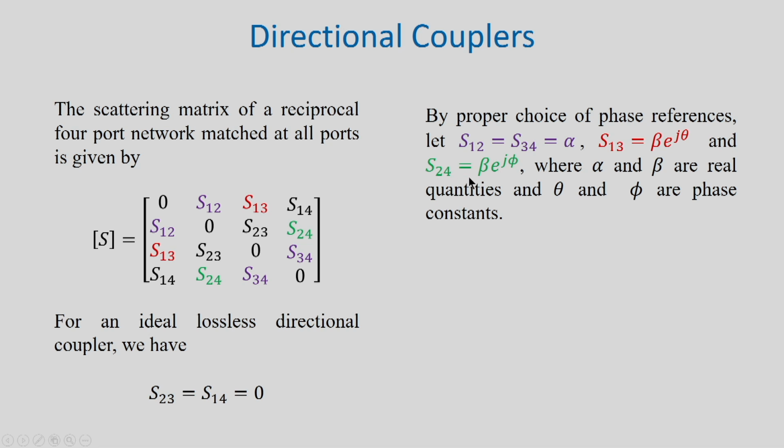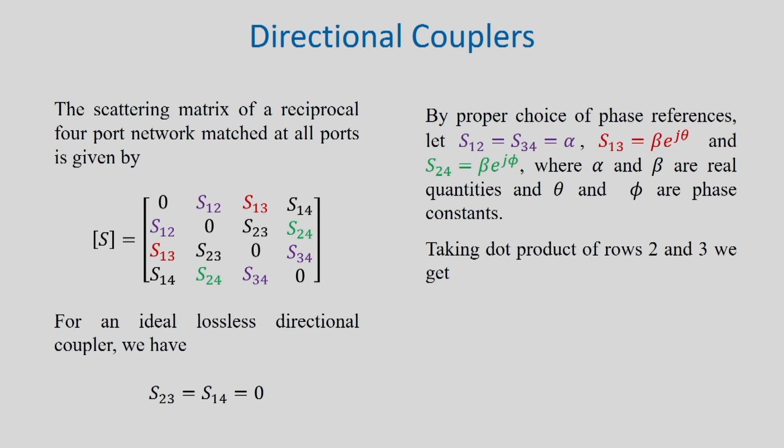So, S24 is beta e to the power j phi, and alpha and beta are real quantities, both less than 1, and theta and phi are phases associated with these S parameters and defined with respect to the terminal planes.